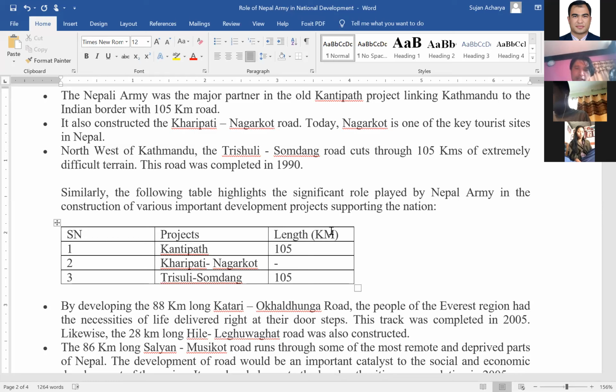Similarly, the following table highlights the significant role played by Nepal Army in the construction of various important development projects supporting the nation. And you include a few, not too many.